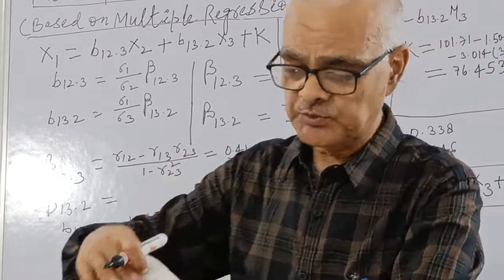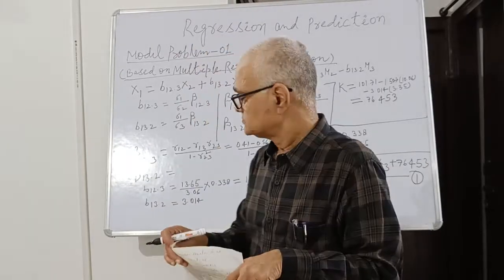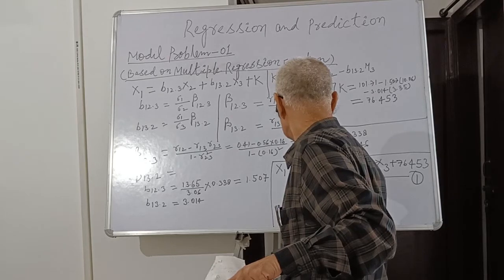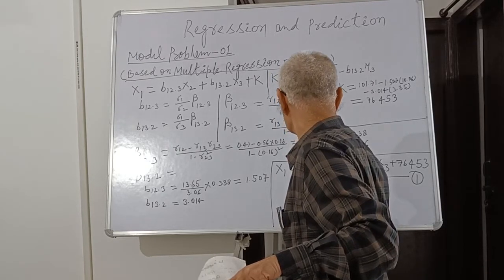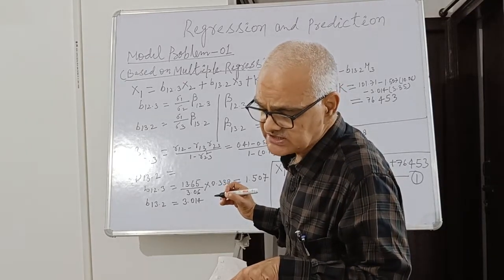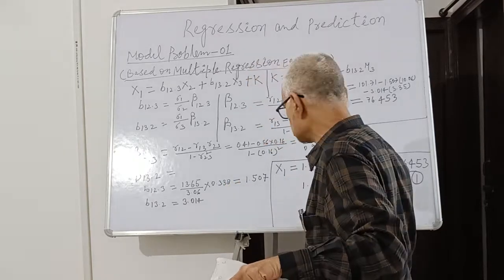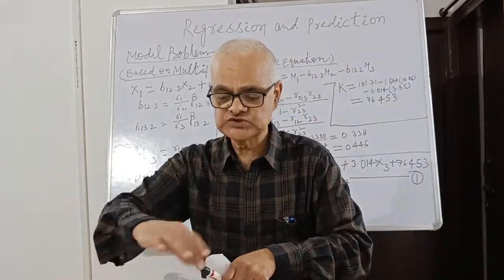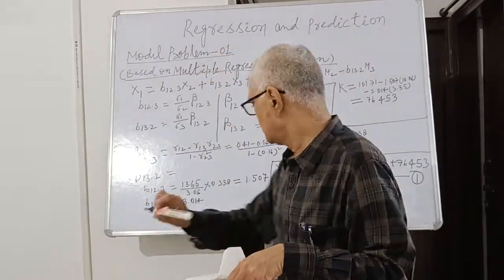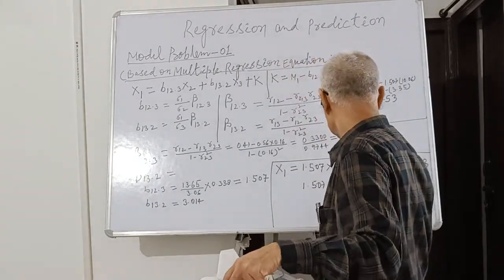In the second part of the problem, the value of x2 is equal to 12, a student scored 12 in intelligence, so the value of x2 here we put as 12.